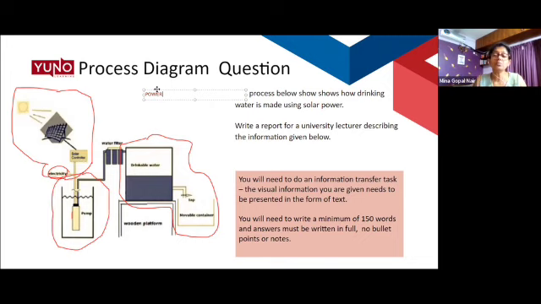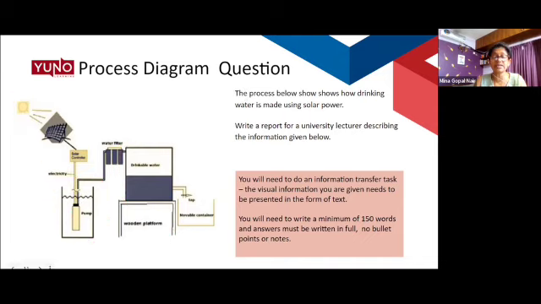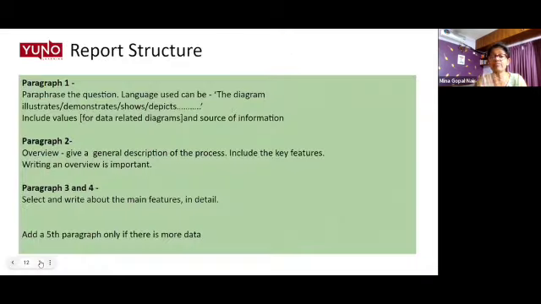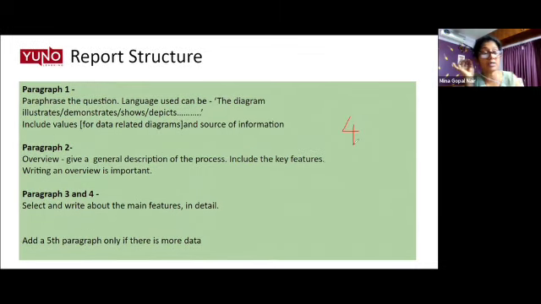Now we are going to look at how to write the process diagram report, paragraph by paragraph. This is what the overall structure of a report looks like. This structure is common for all types of inputs, whether it's a process diagram, a graph, or a map.